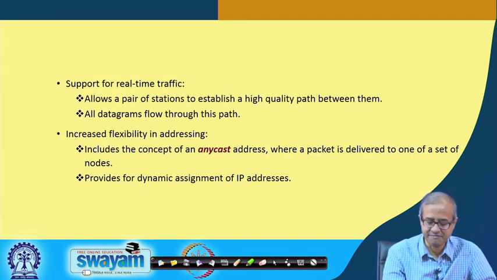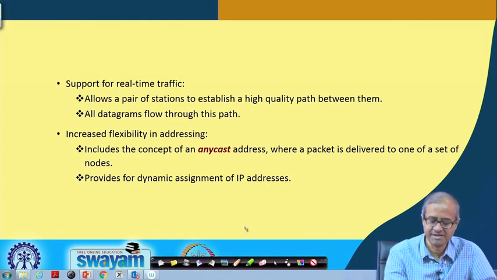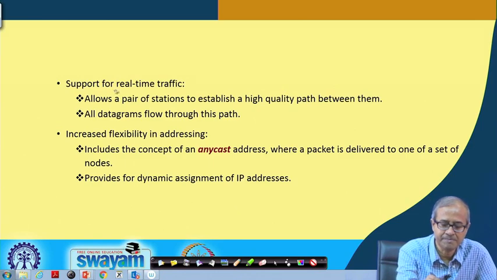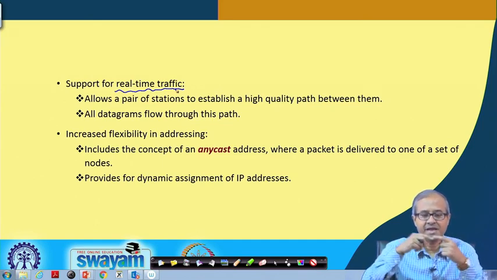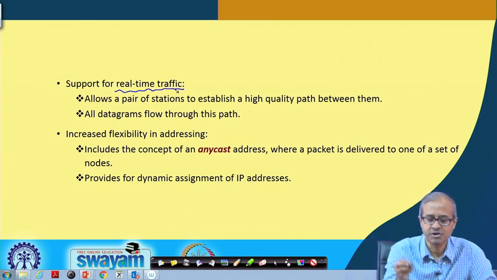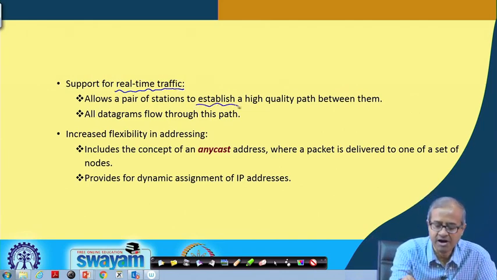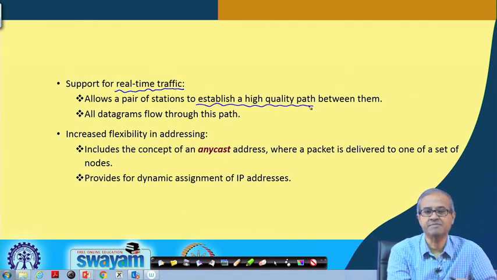There are some additional features also, as I said, for real time traffic there are some additional features which have been included in IP version 6. Like it is possible for two hosts to agree on a high quality path.